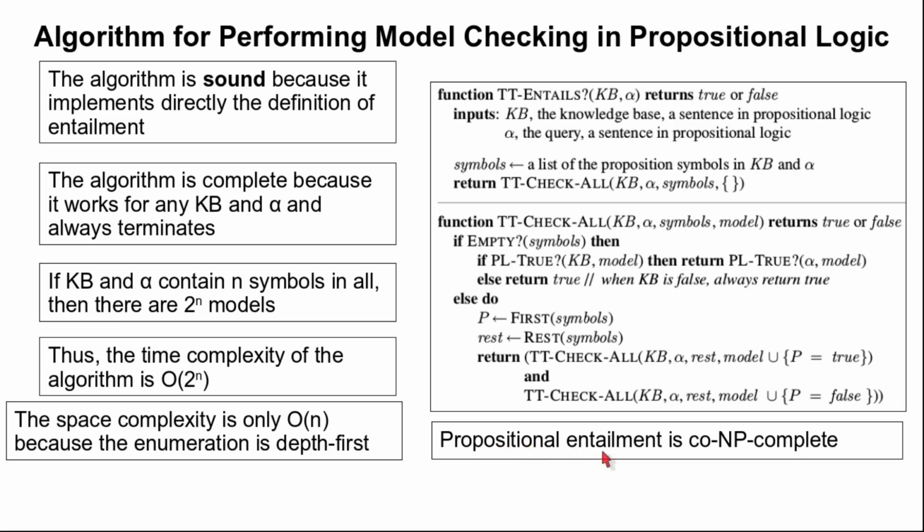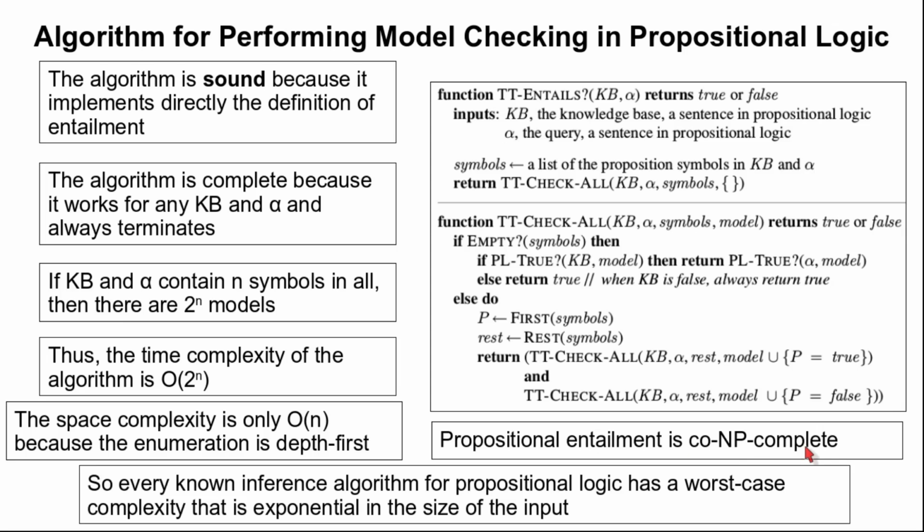And now propositional entailment is co-NP complete, which means it is a difficult problem. So every known inference algorithm for propositional logic has a worst case complexity that is exponential in the size of the input.